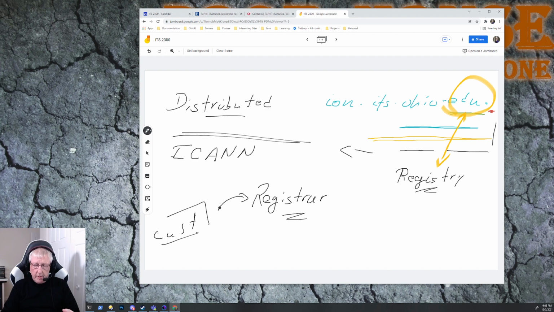The registrar will interface with the customer, get the customer's information, and look at the various databases to make sure the name they're trying to get is actually available. And if it is, they collect information about where the name servers are going to be from the customer, and then transmit that to the registry so it can be put into the system and make the whole system work.